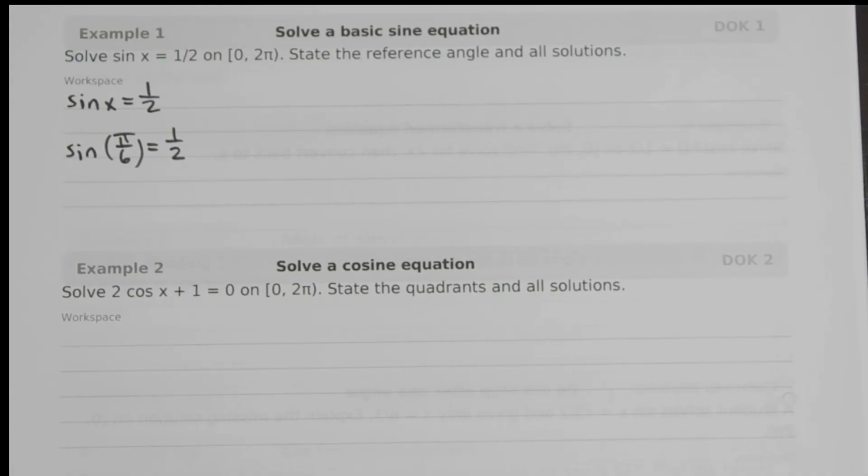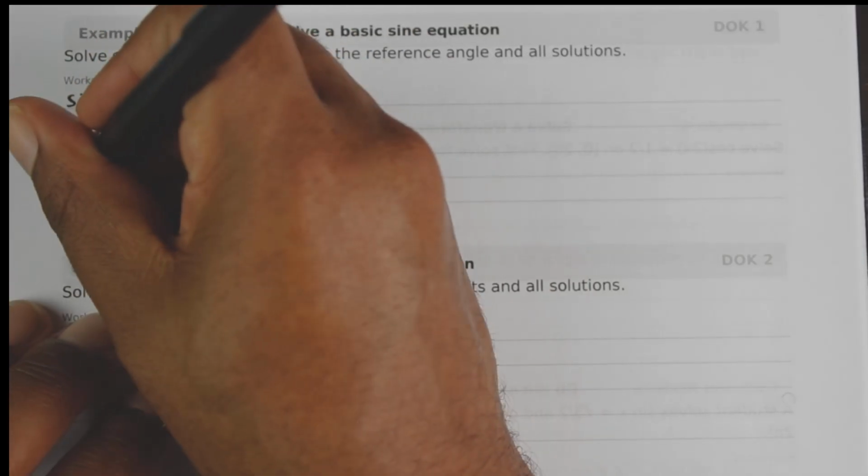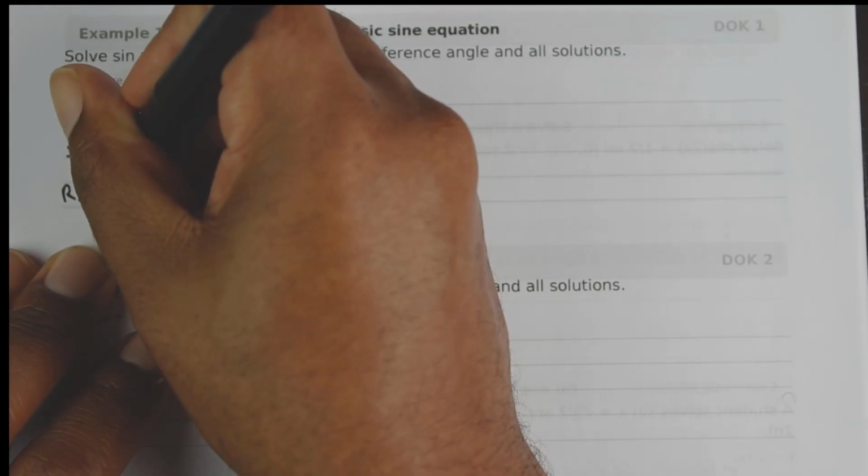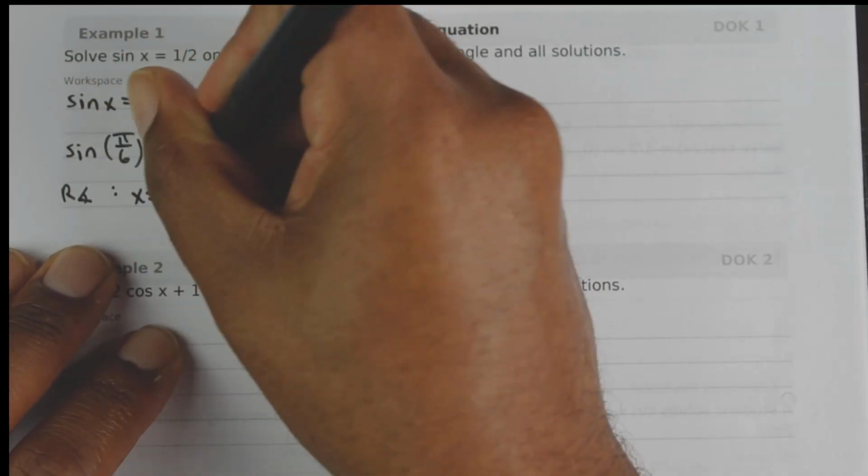Now we need to determine the quadrants. Sine is going to be positive in quadrant number 1 and quadrant number 2. Okay, that's where the y's are positive. So in quadrant 1, the angle is the reference angle, so x is equal to pi over 6.